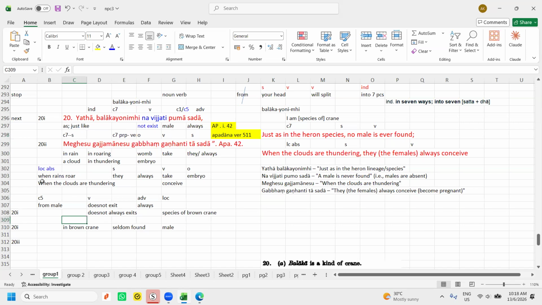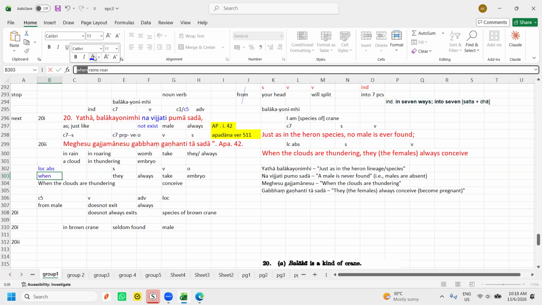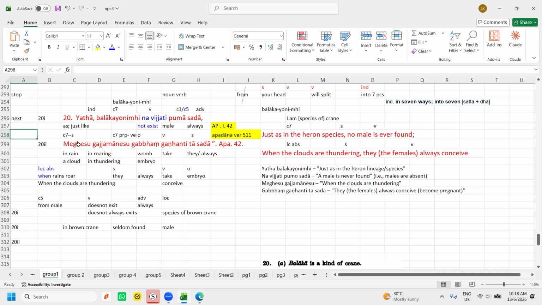So when we form a PRP, this is a subject. For a locative absolute, we normally put "when". So when we put "when", we take this as a subject. You can say when the cloud or when the rain, whichever. You can say when the rain roars, or you can say when the clouds are thundering.